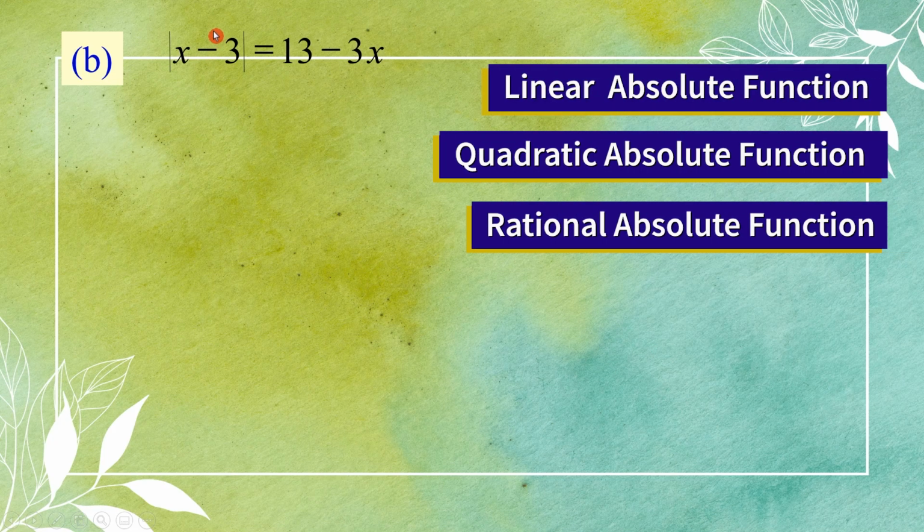If just now we had a look at the linear, quadratic, and rational absolute functions, this time it's a linear function, but we have another unknown without absolute value.